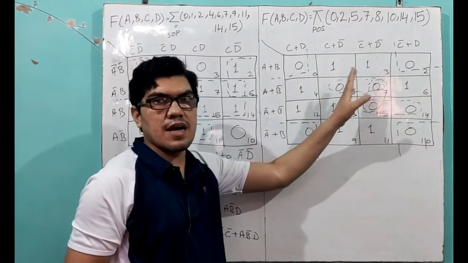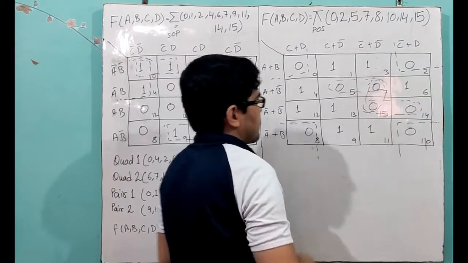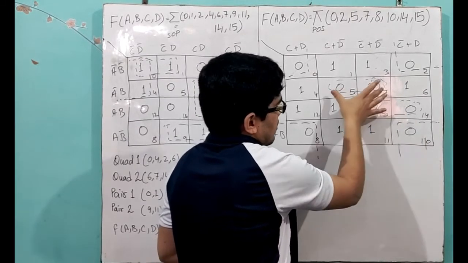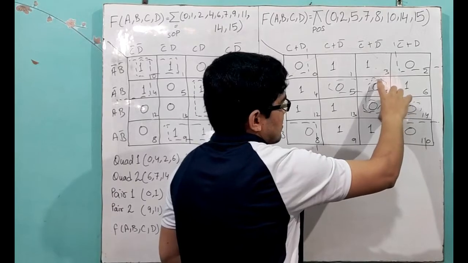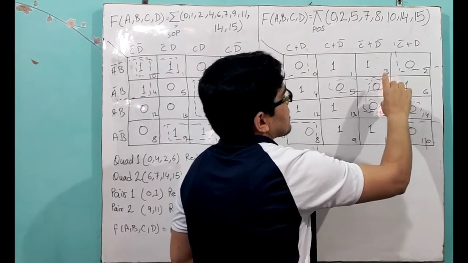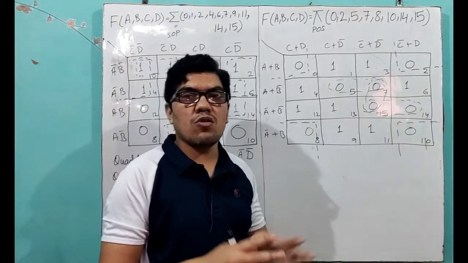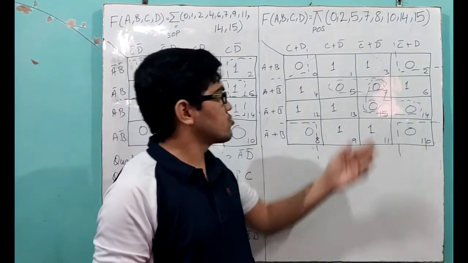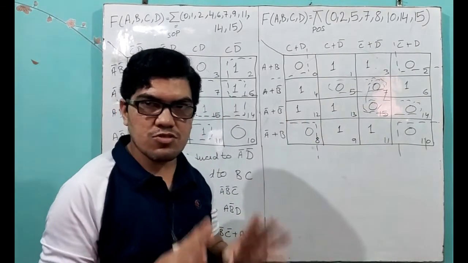What does it mean? If we make 2 pairs, then what is the need for making this pair? Because all the elements are already a part of some pair. So no need to make this pair. Okay, this is one solution.